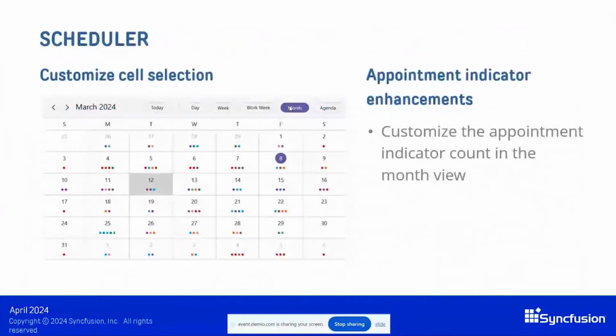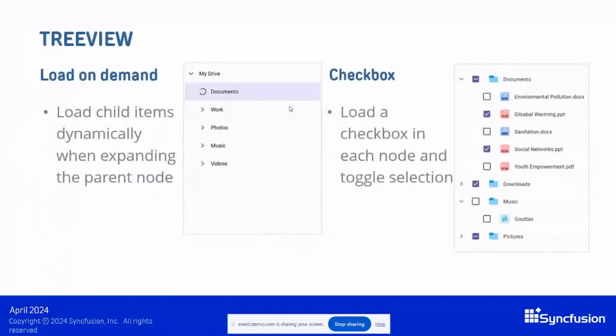In scheduler, we have provided support to customize the cell selection, and also to customize the appointment indicator count in the month view. In tree view, we provide support to load on demand, which means it loads the child items dynamically when expanding the parent node. And we have also provided checkbox support.